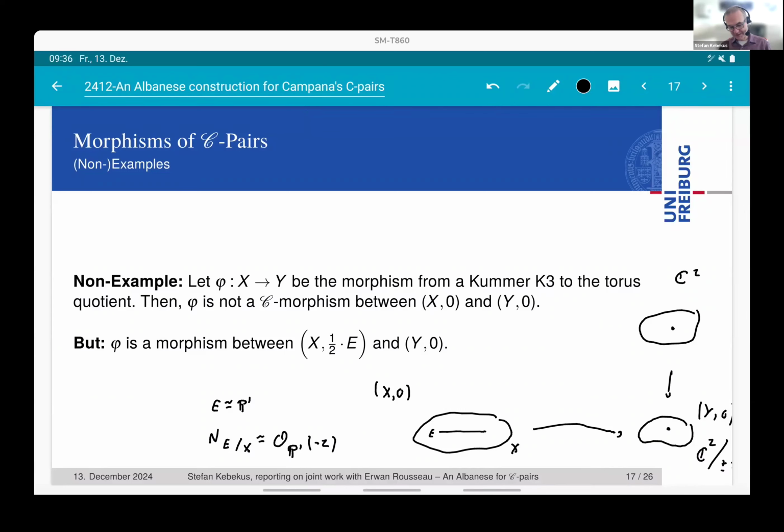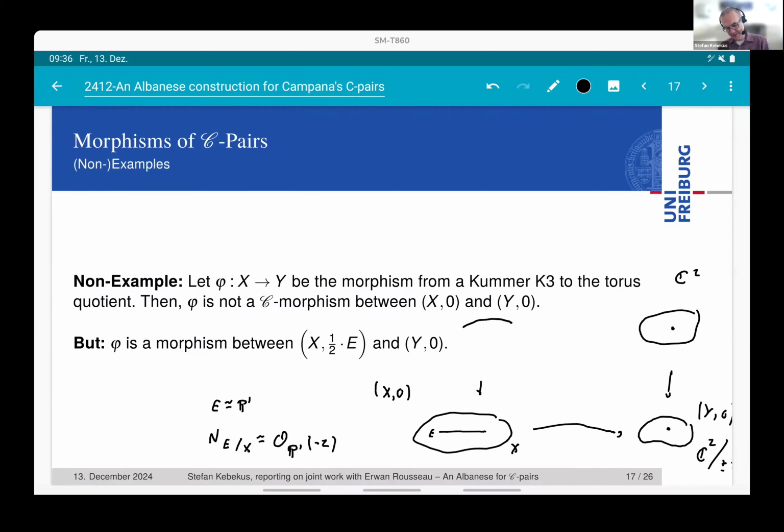So in order to see that this is not a morphism of C pairs, it suffices to construct a single diagram. And here's a diagram. So I have my A1 singularity. I present it locally as a quotient of C2. And I can take the fiber product.